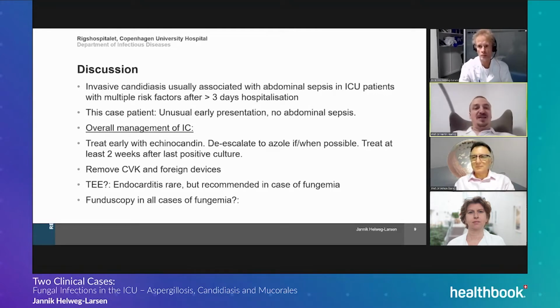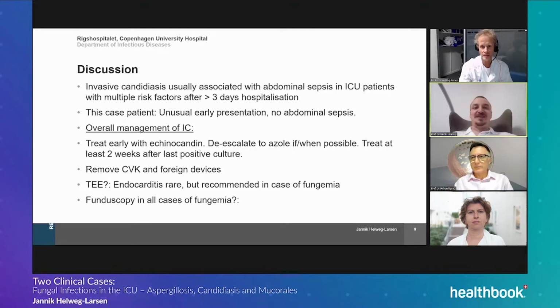But among those patients who get these examinations, about 10% each had either endocarditis or some eye involvement. So I think it's a relevant complication. We of course don't know how often it occurs in those patients where we don't do, for example, a fundoscopy, but it's still a relevant complication, a subset.